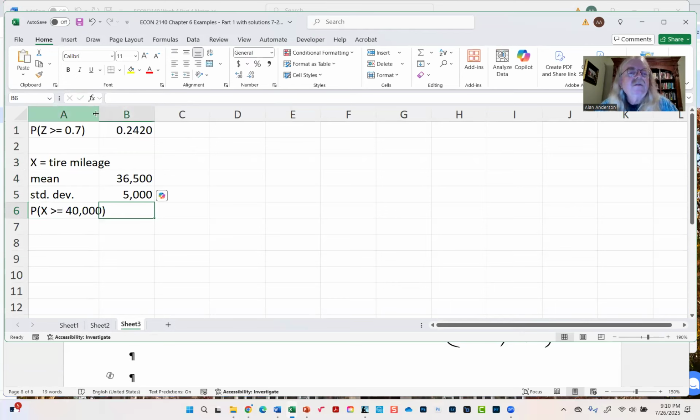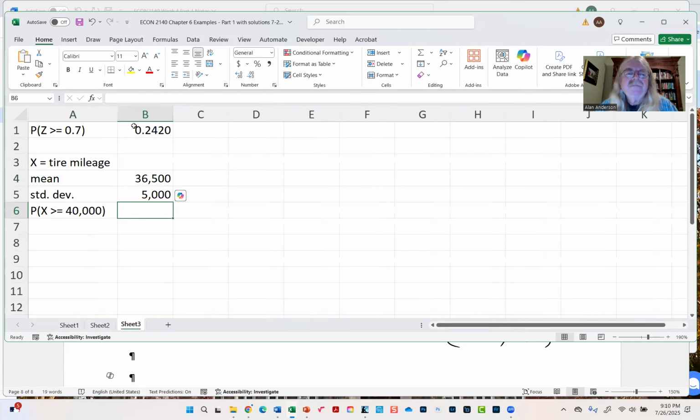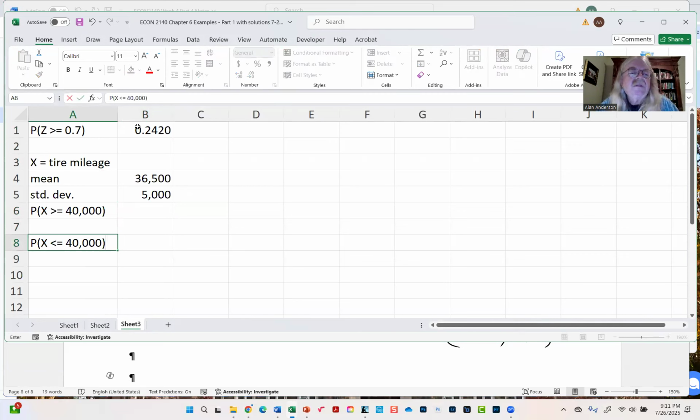So you're probably saying, well, how do we do that in Excel? There are two complications here. Number one, we're using X instead of Z. And also it's a greater than or equal to probability. So we'll do it in 2 stages. We'll start here with less than or equal to 40,000.